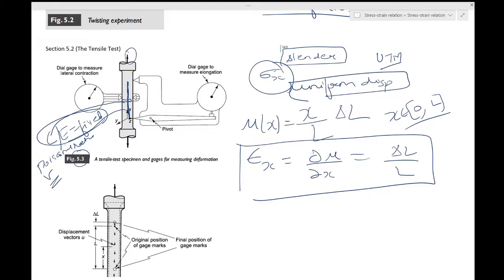It is not dependent on the dimensions of your specimen. The contraction in the lateral direction divided by the extension in the longitudinal direction is fixed, and that ratio is called Poisson's ratio.